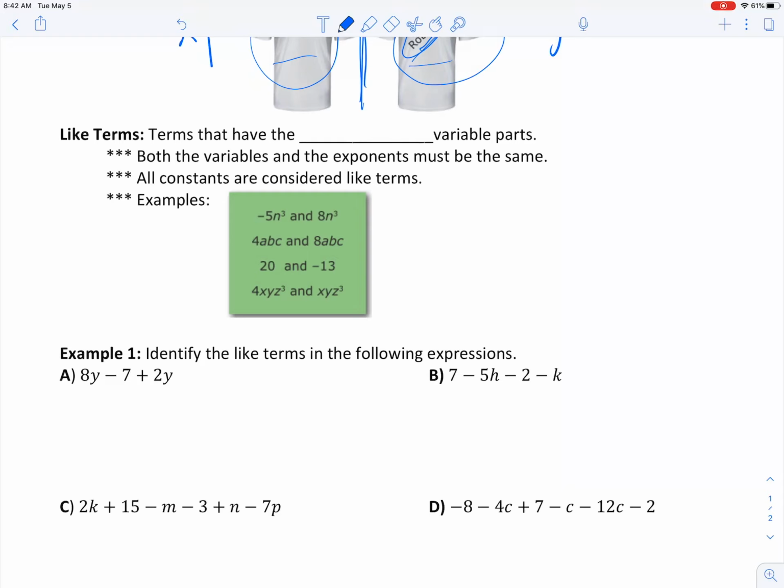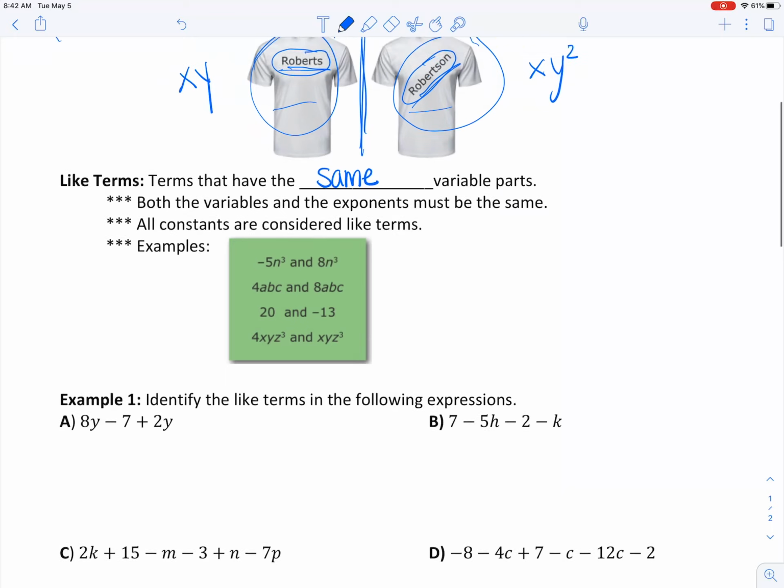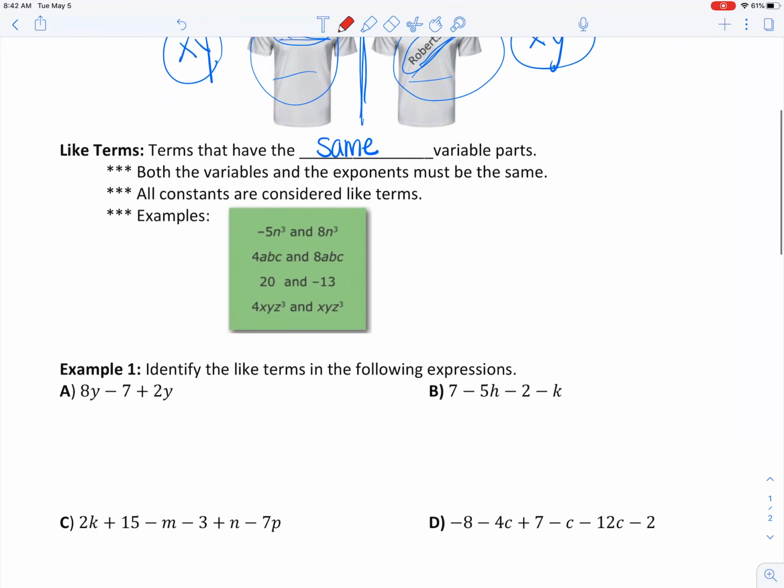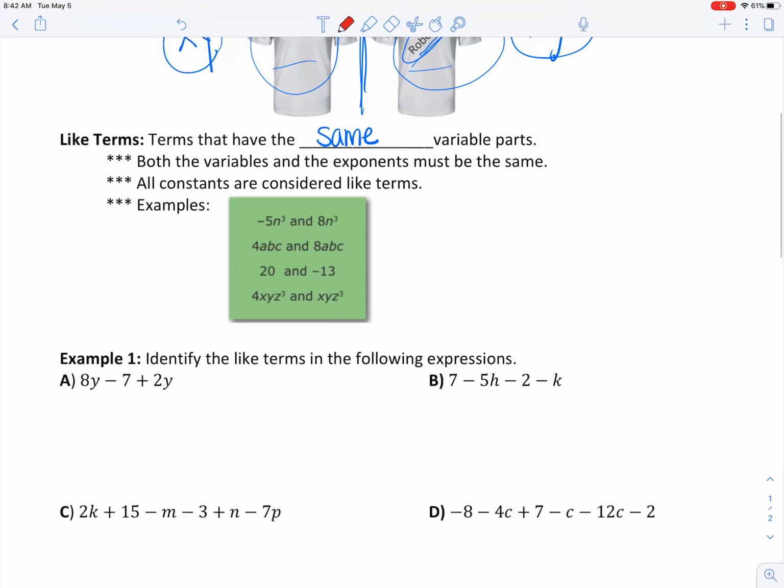All right, if I scroll down, like terms is our first vocab word. What that means is terms that have the same variable parts. So when we were mentioning xy and xy squared are not like terms because they look a little bit different. The part that looks different is that this one has a little squared in it.